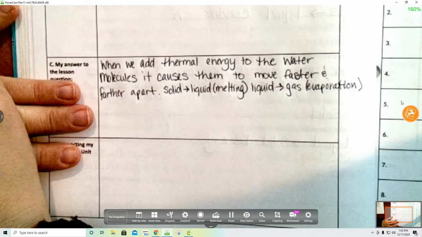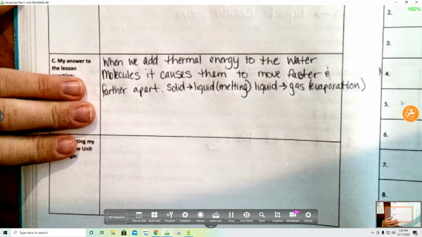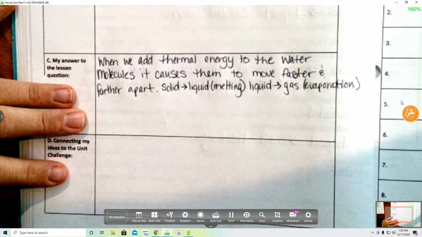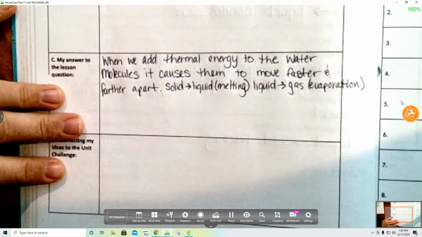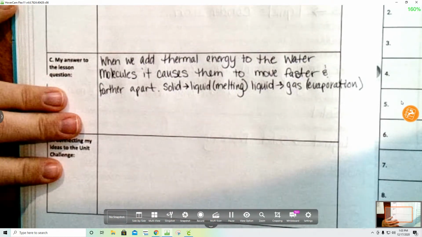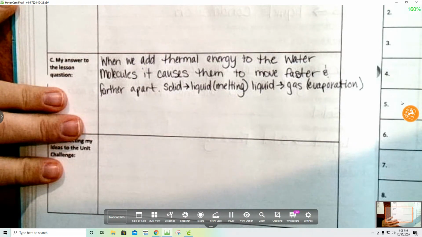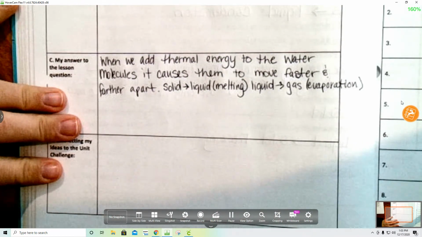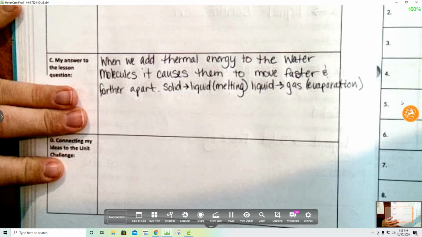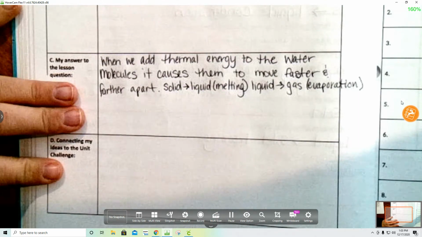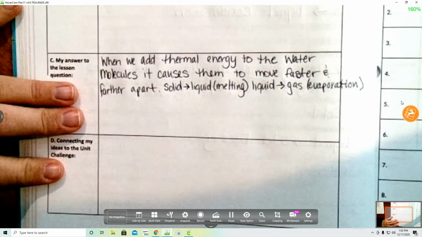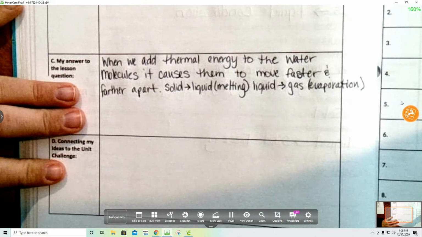We know that gases move more freely. They fill the whole entire container. These particles spread out, they speed up, and they fill the whole entire container. But what happened in our demonstration is that when the gas particles were closer to the edge of the cool bottle, the cool container, they started losing thermal energy.